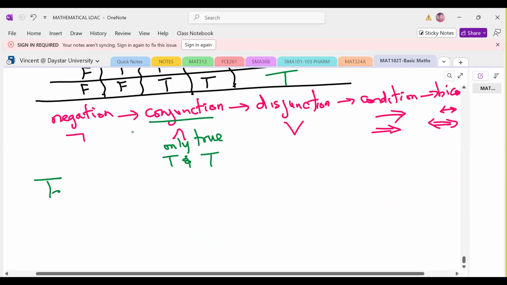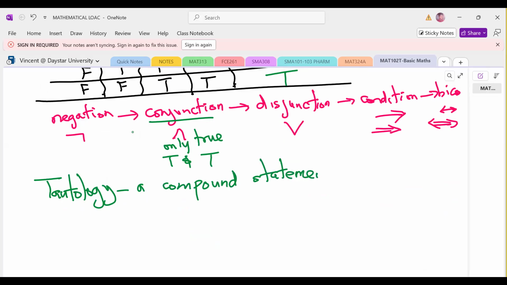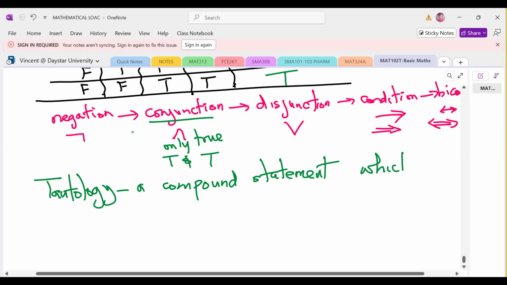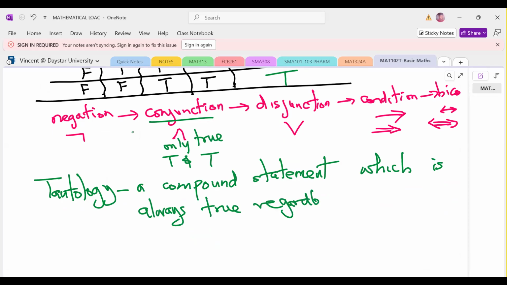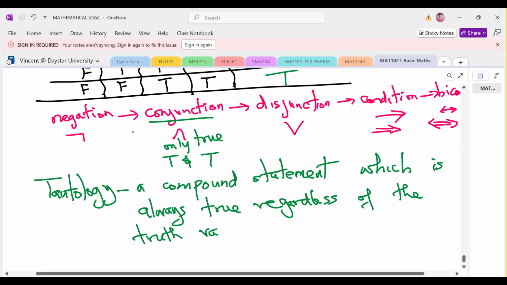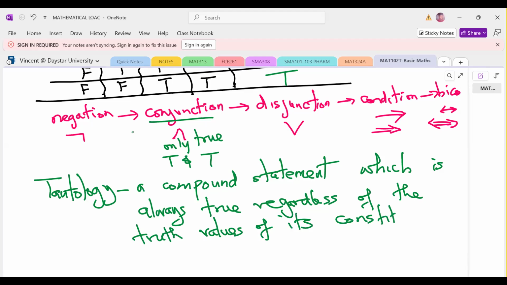So this is what we call a tautology. A tautology is a compound statement which is always true, regardless of the truth values of its simple component statements.